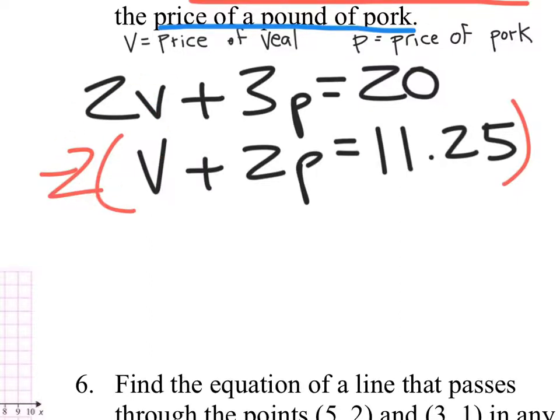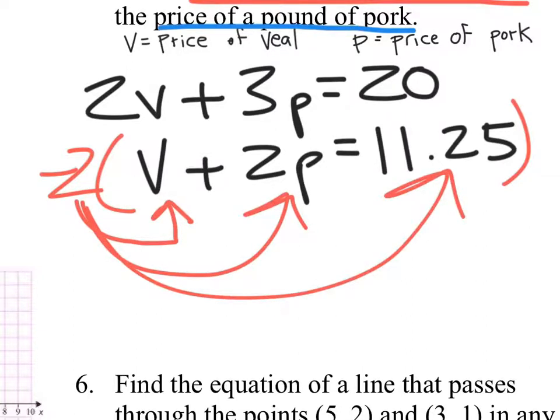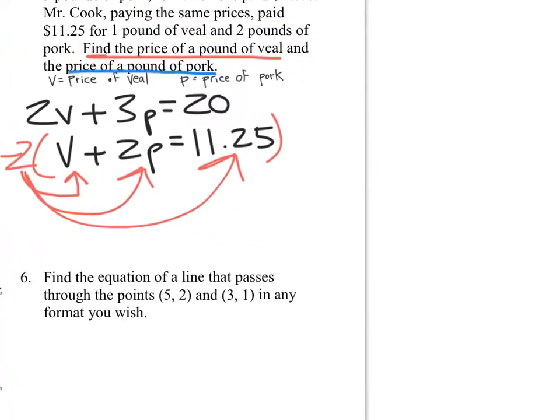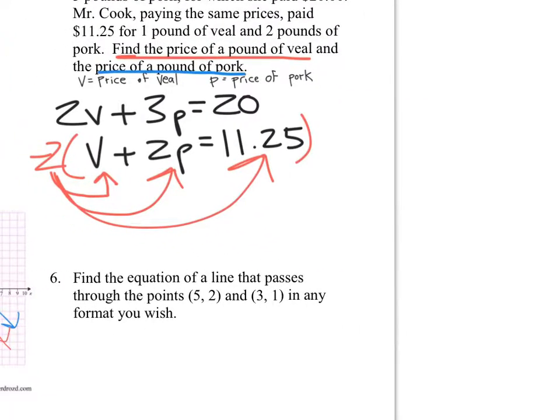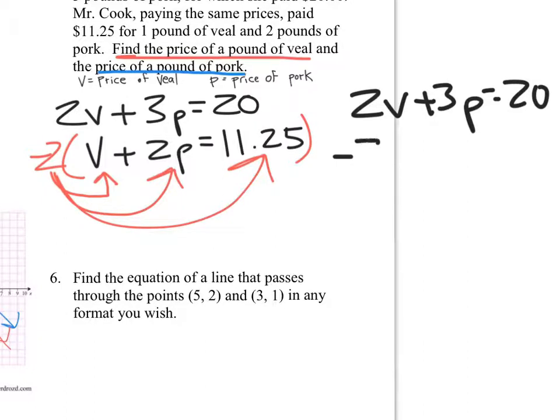So what are we going to be doing? Negative 2 distributed to the V, and to the 2P, and to the 11.25. And let's do that over here. All right, so I'm going to rewrite the top equation, 2V plus 3P equals 20. Great. And then negative 2 times V is going to give us negative 2V.